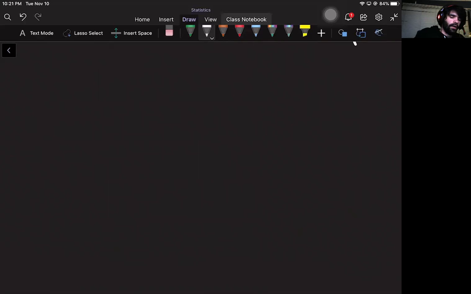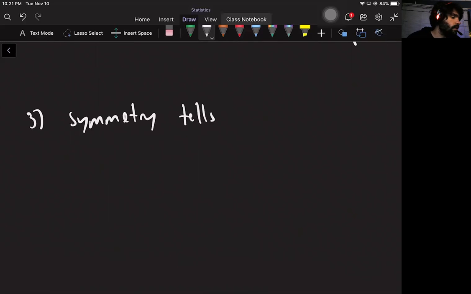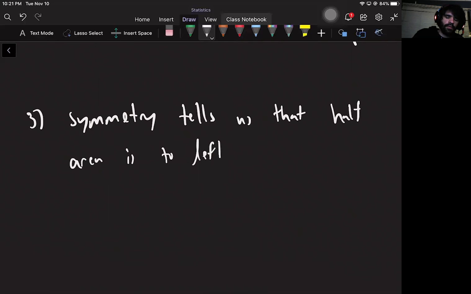Okay. So because of symmetry and how it's supposed to be symmetric, this tells us that half the area is to the left of the mean and half is to the right.